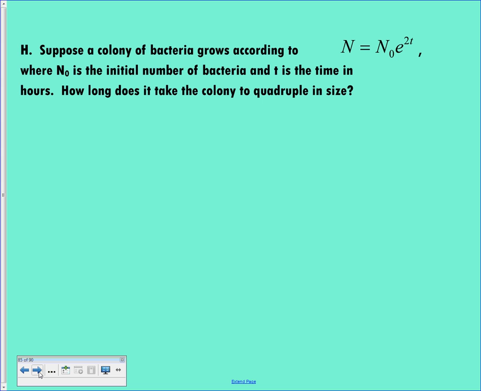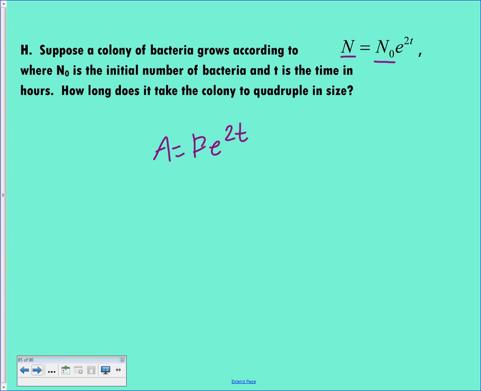Letter H says, suppose a colony of bacteria grows according to this equation, where n sub 0 is the initial number of bacteria and t is the time in hours. How long does it take for it to quadruple in size? If you remember my hint, if you don't like these variables, just rewrite them. So I'd have A equals P e to the 2t.